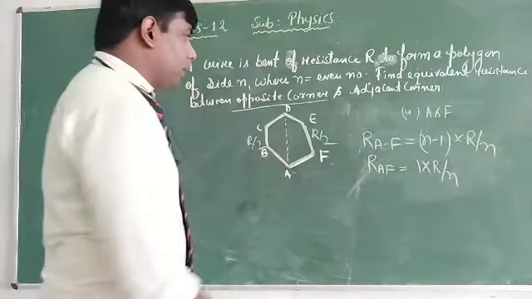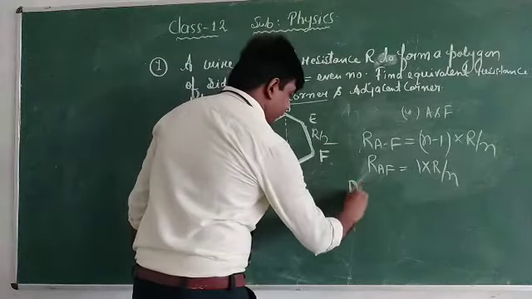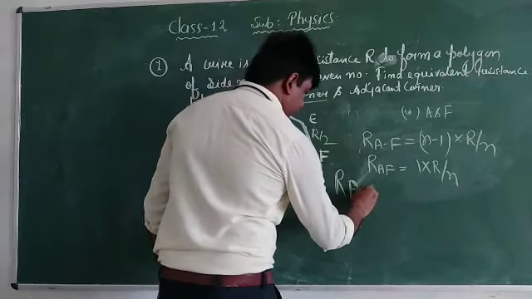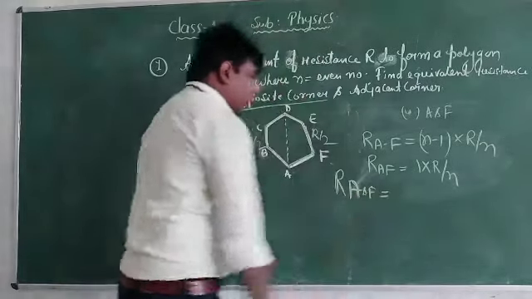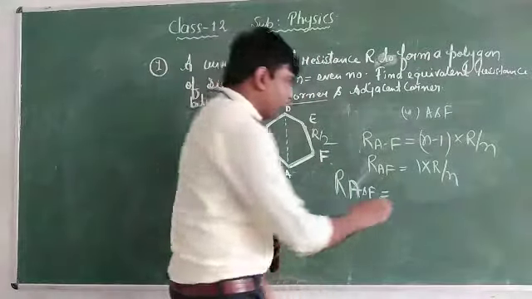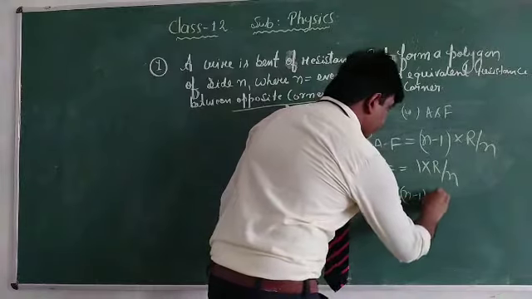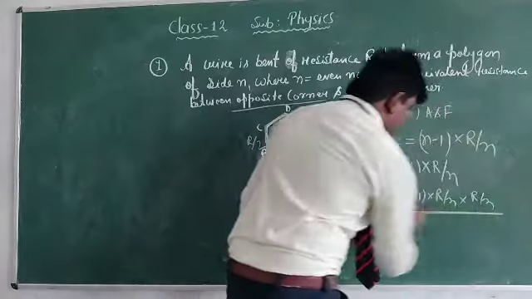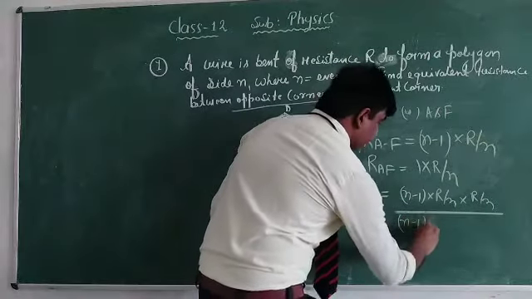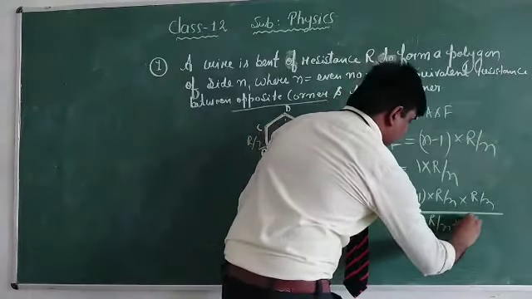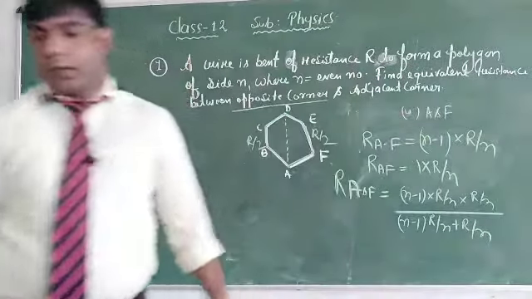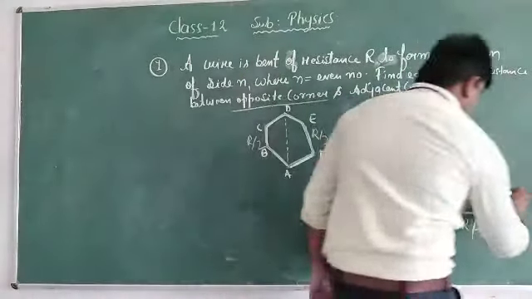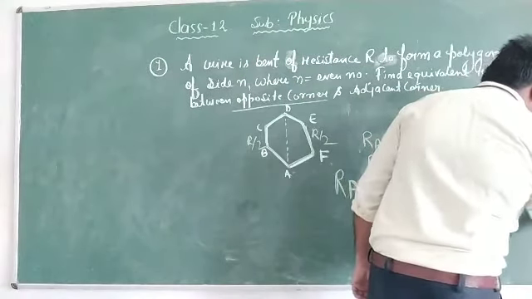Right? These two are in parallel. So just put the parallel combination formula, and simplify, and the result will be, on simplification, R times n minus 1 by n.